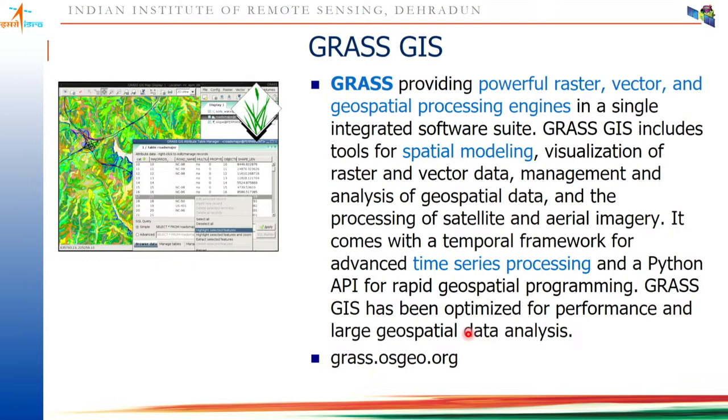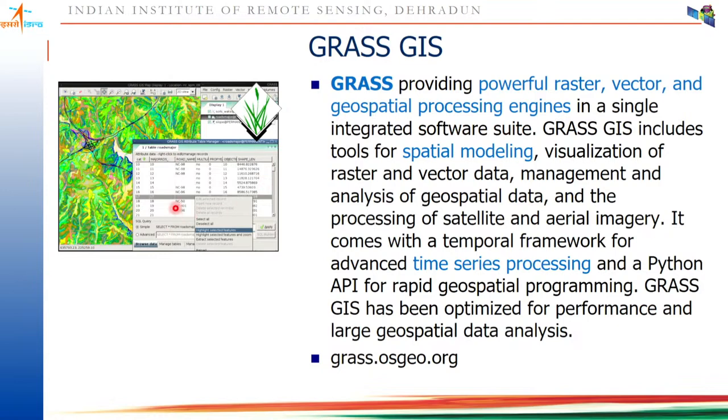The next software that I want to talk about is the GRASS GIS software. GRASS GIS provides powerful raster, vector and geospatial processing engines. It has many advanced functionalities built in for raster data processing, vector data processing, and other geospatial processes in a single integrated software suite.